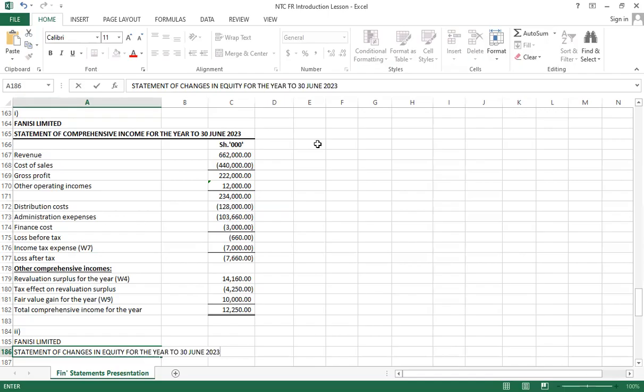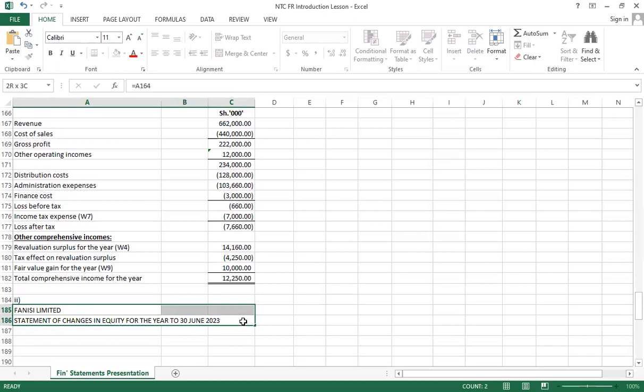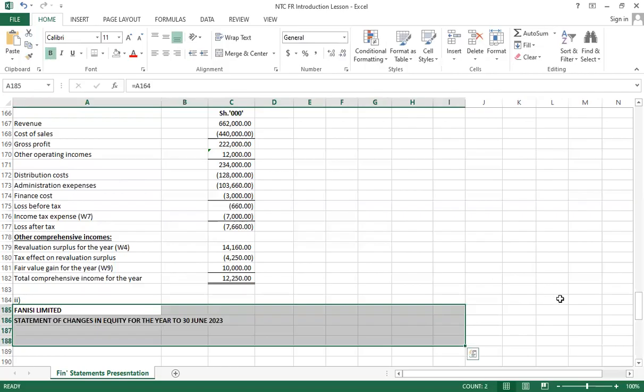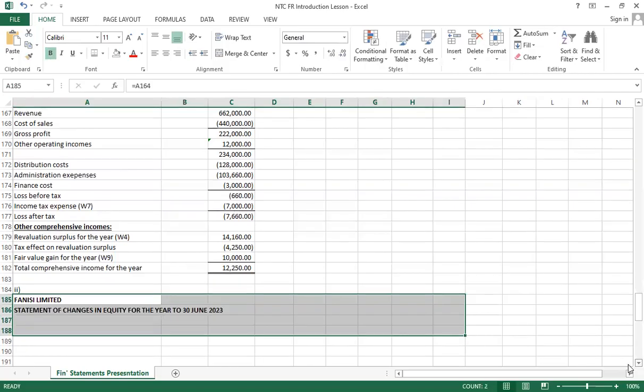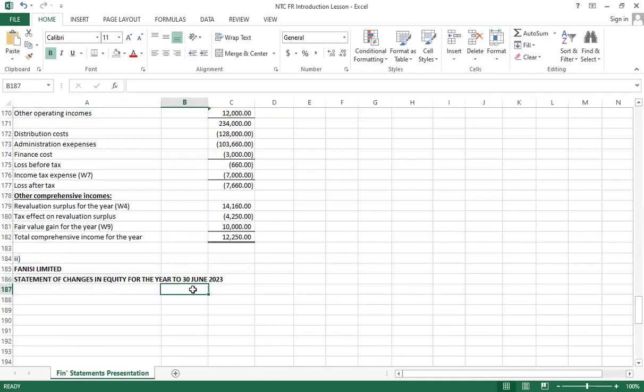Now, the first thing that we will do is to find out which items of equity we have in this company. Of course, we have to arrange the items of equity in columns, just like we said yesterday. So find out which ones we do have, and then proceed to arrange them in columns.